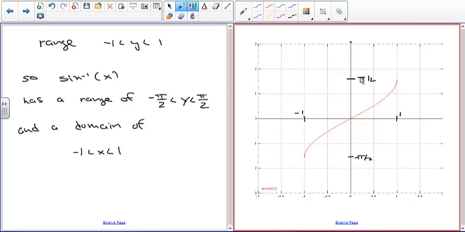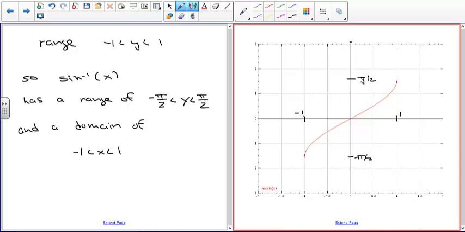It doesn't have the domain from -infinity to +infinity that the sine function has. The domain only goes from -1 to +1, and the range only goes from negative pi over 2 to positive pi over 2. But it does have slopes, or it has areas underneath curves.